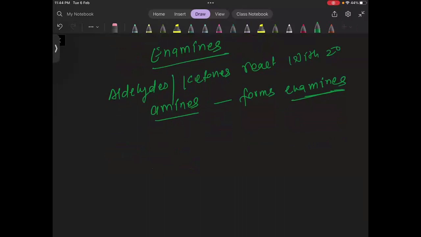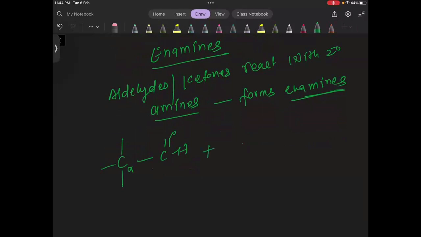But the one thing is that for enamines, any aldehyde or ketone can be used, but it should have an alpha hydrogen. See what I am telling you: here is C double bond O, H, there should be alpha positions. Why am I telling you? Because their mechanism is totally different from the amine mechanism. So students, what is going to happen here?